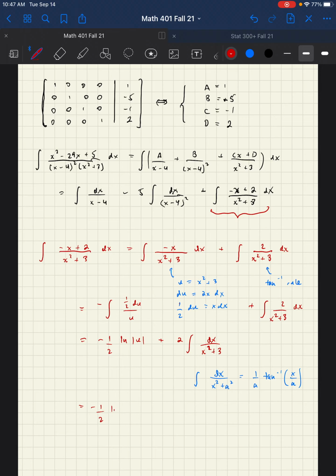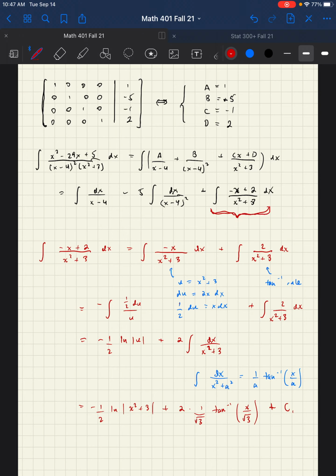So this becomes negative 1/2 ln of absolute value of x squared plus 3 plus 2 times 1 over the square root of 3 tan inverse of x over square root of 3. And then the plus c part, and I'm going to call that plus c1.